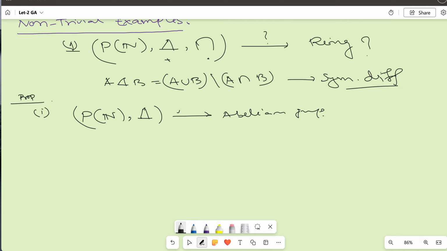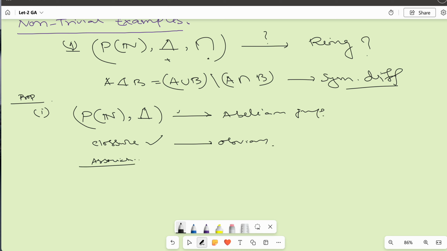Whatever elements you take, A union B minus A intersection B is also a subset, definitely a subset of the natural numbers. So the closure property holds. Closure holds, it is obvious. Okay, closure, then associative.